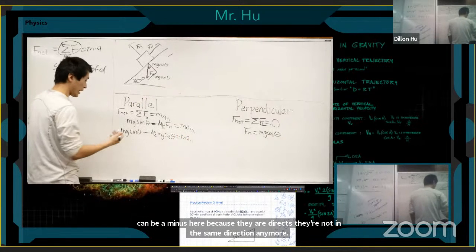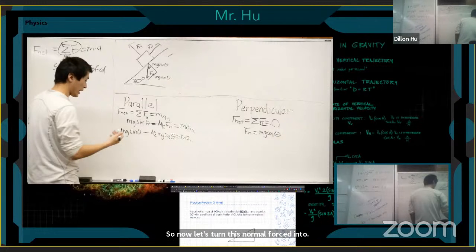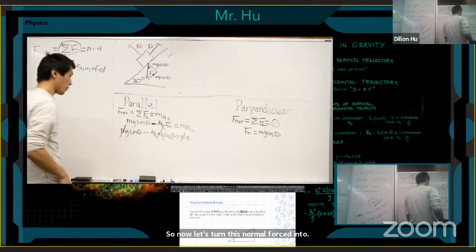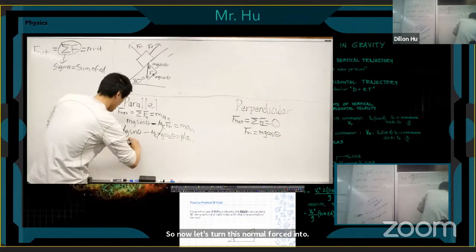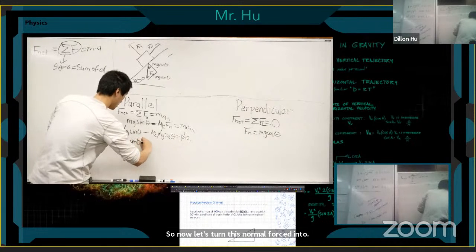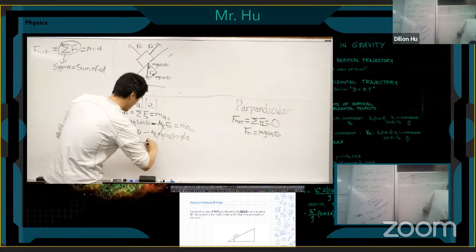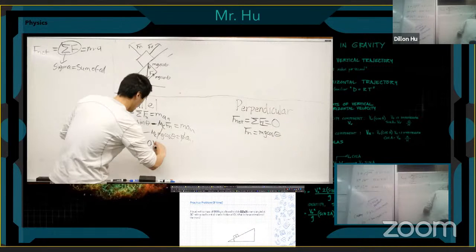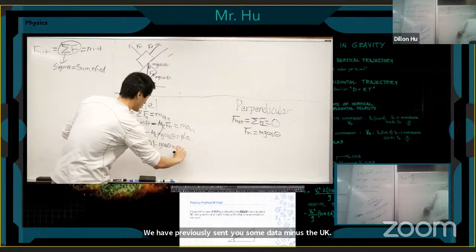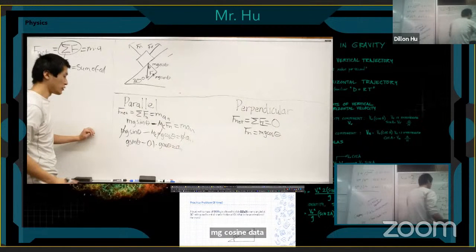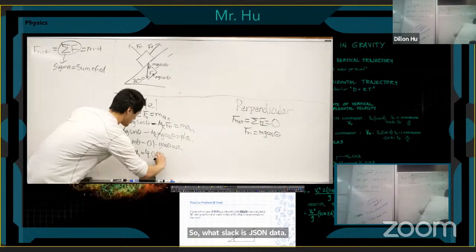We can actually cancel all of the masses out. So what's left is g sine theta minus 0.1 times g cosine theta is equal to acceleration. And I believe if you do this all out, you get that your acceleration is something like 4.06.